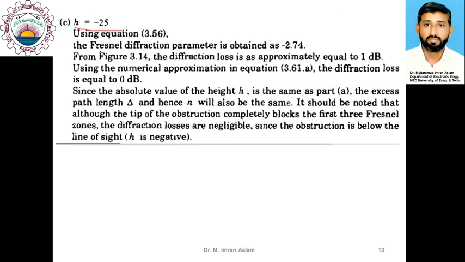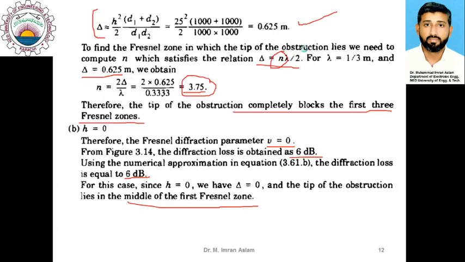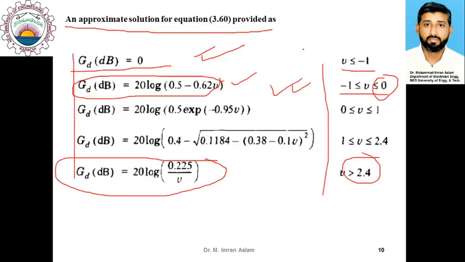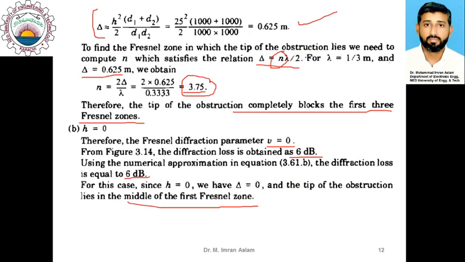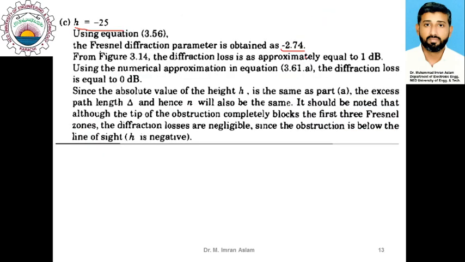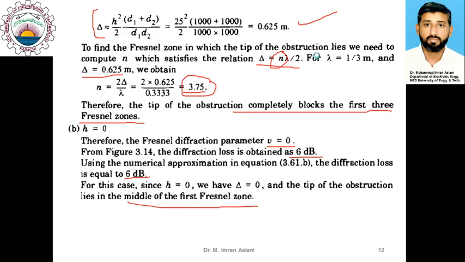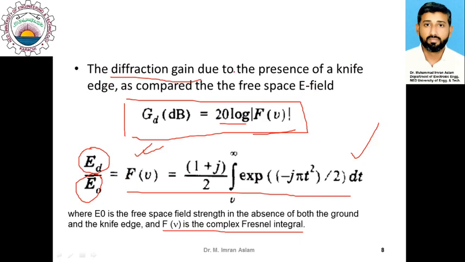Let's move on to the third part, which is h equal to minus 25 meters. In that case, the Fresnel diffraction parameter is calculated to be minus 2.74, and if it's minus 2.74, you can see the diffraction loss from the diagram, it's shown somewhere here.